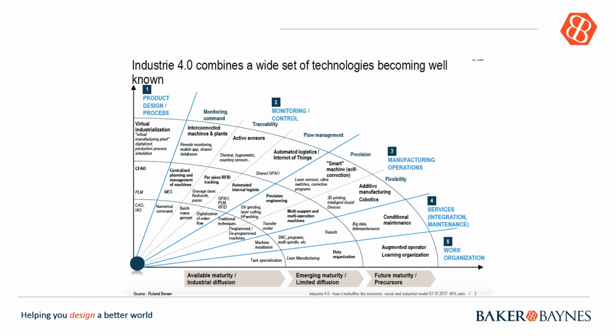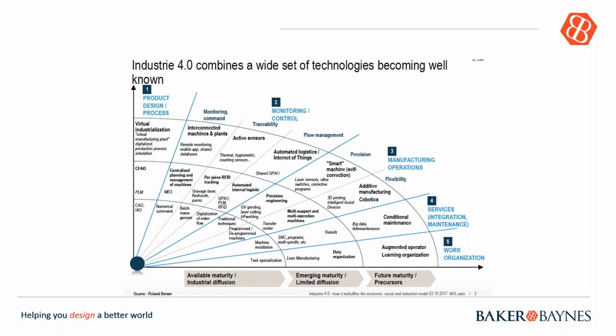Following that is monitoring and control, and this is the use of active sensors and becoming intelligent. And then manufacturing operations, so having the flexibility but also having precision in controlling it, and using different types of flexibility, having additive manufacturing, different manufacturing techniques.